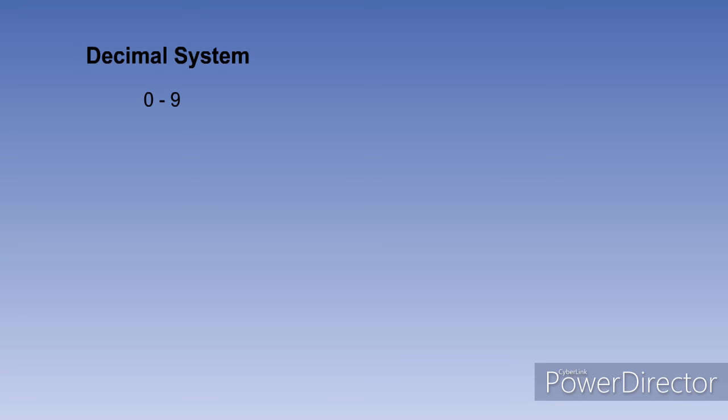Normally, when working on paper, we count from 0 to 9. This is the decimal number system. Digital computers use the on-off, two-state or binary number system. A full explanation of the binary number system is beyond the scope of this lesson. But quite simply, the only digits used are 0 and 1.